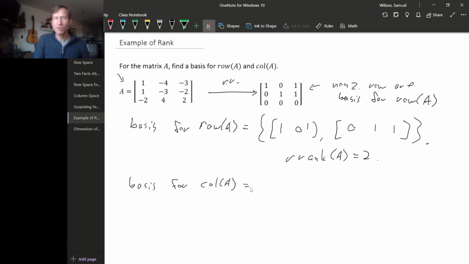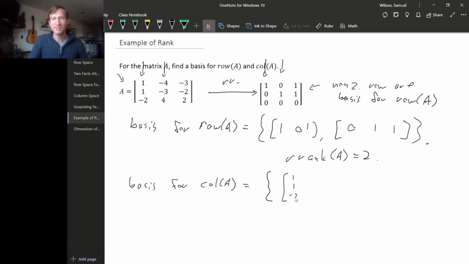Now what we said before was that for any column that ended up with a pivot in it after the row reduction, we need those columns from the original to get a basis. So for our column space, since we have pivots in columns 1 and 2, we take the original columns 1 and 2.